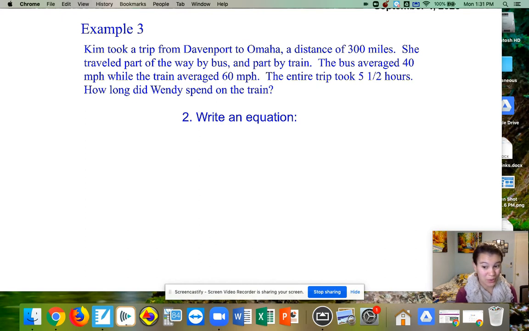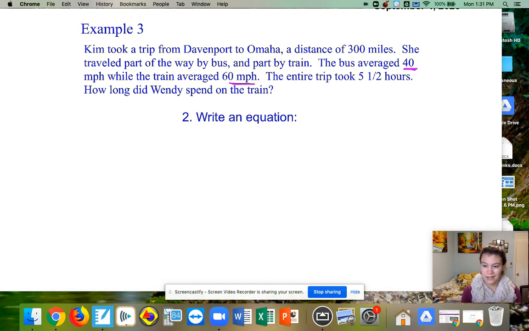There's always more than one way, so you could do like time plus time has to equal total time, or you could do distance plus distance equals total distance. Here we have miles per hour, so I'm going to do distance, because I can do time times speed, which is distance. That's a nice multiplication.